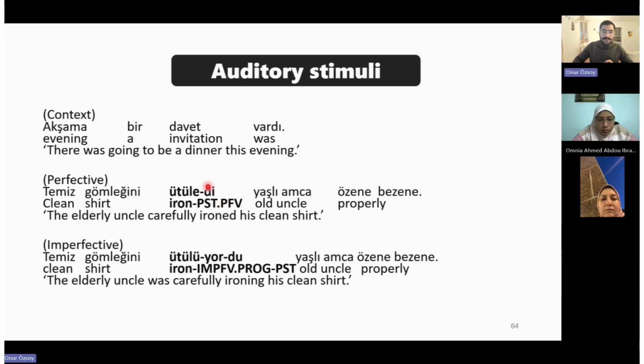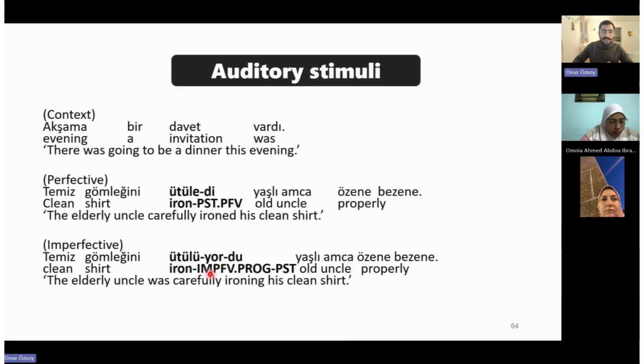And then we have the verb iron, which is the crucial critical item here. And it's marked with the past tense, which is also marking the perfective in Turkish. And then we have the uncle. So you see the word order is a bit flipped. We have object, verb, subject, but that's completely fine in Turkish. And then we have the imperfective in contrast, and it's the same sentence, just the verb has a different inflection.